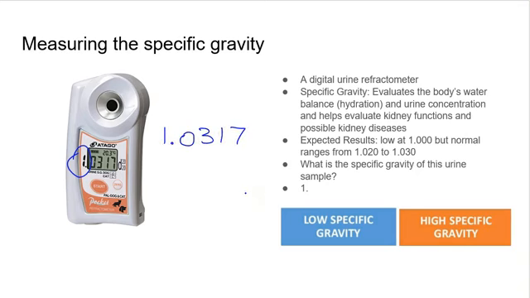But what is the specific gravity? The specific gravity actually evaluates the body's water balance. So whether you are hydrated enough or you are dehydrated, and also your urine concentration. It's showing whether there are solutes in your urine or not. For example, if someone is suffering from diabetes mellitus, we can find glucose in their urine.